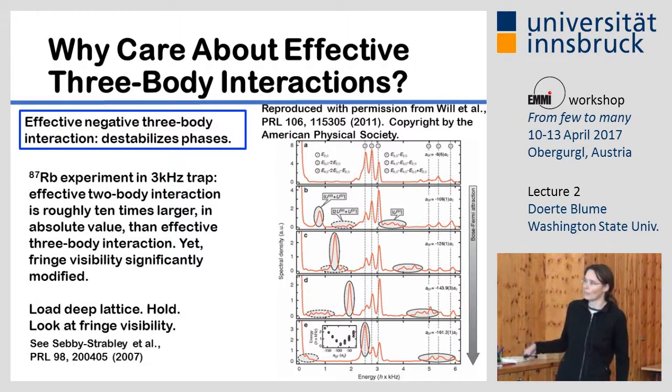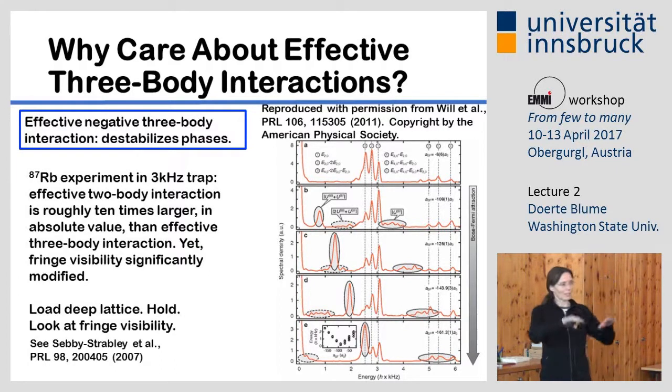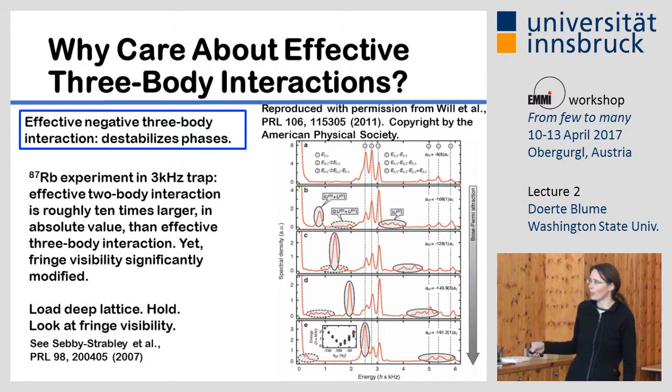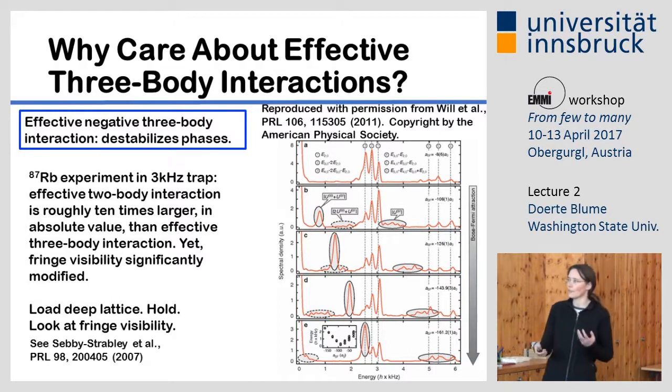So what I mean by this is, let's say we take a very deep lattice, where each lattice site is basically sort of like a harmonic oscillator. And you load your system into it, so you have a state with 2, 3, 4 atoms per site. And you let the system evolve in there, so the interactions are on.